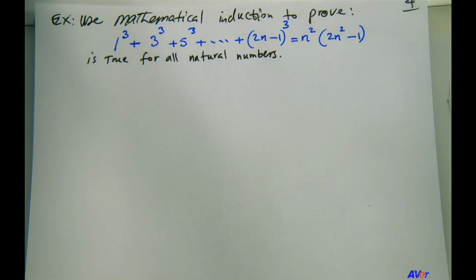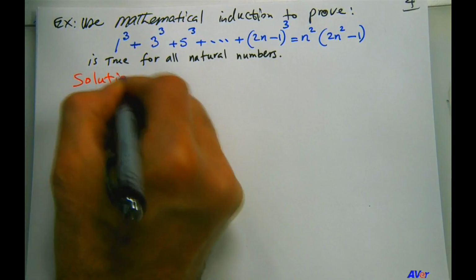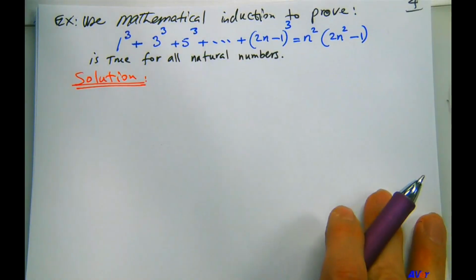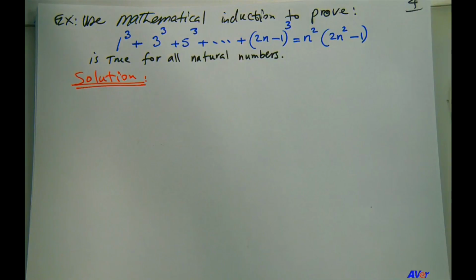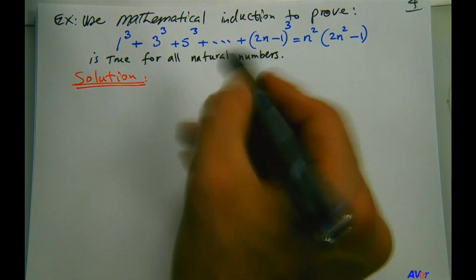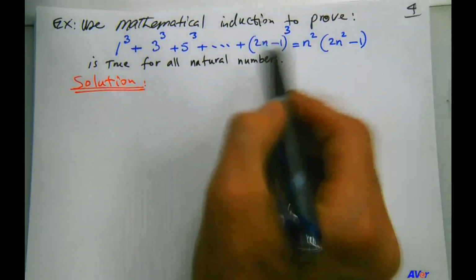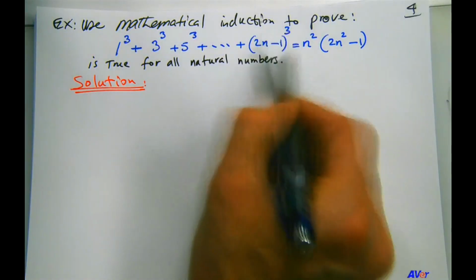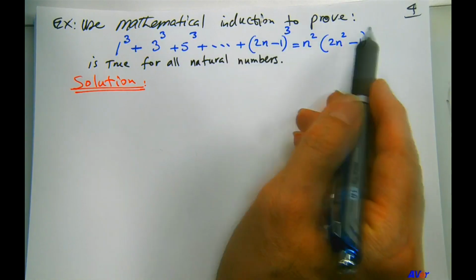Okay, so once again, let's prove this. Let's prove this statement for n equals 1. That is, we're going to show that it's true for n equals 1. Okay, so these three terms are basically the first few terms of this parentheses, 2n minus 1 cubed.